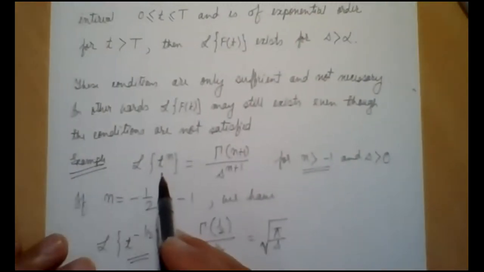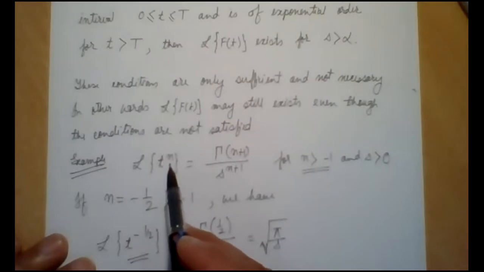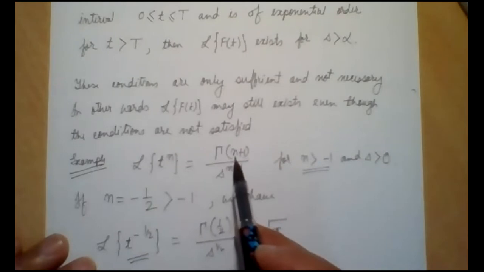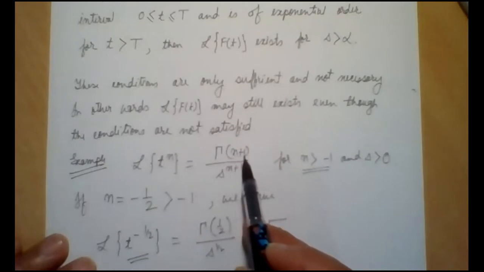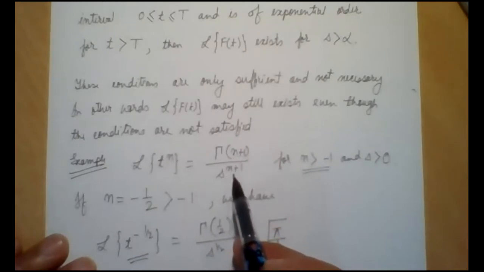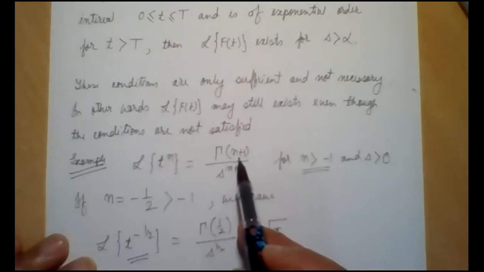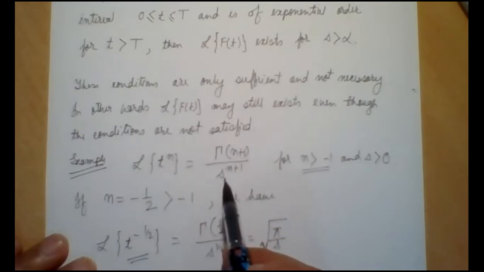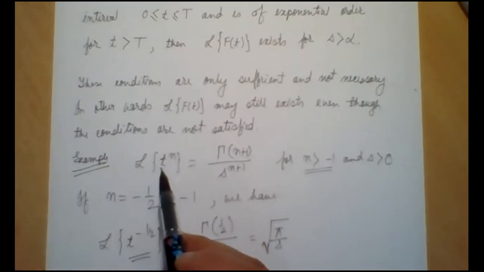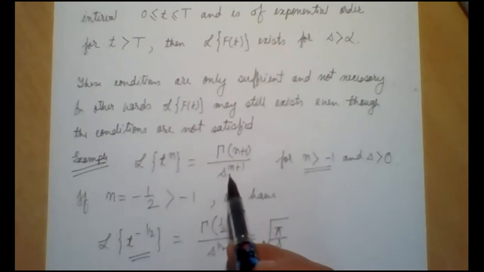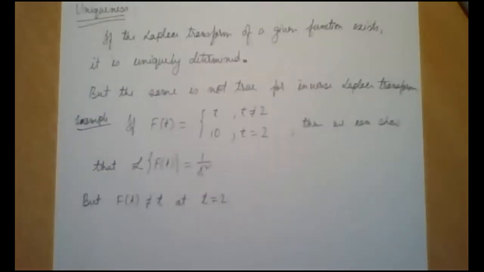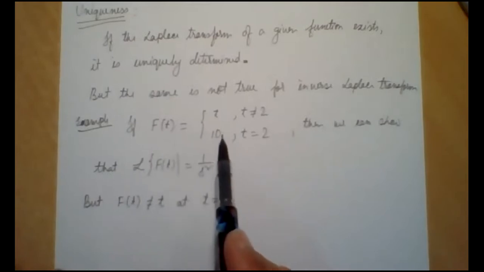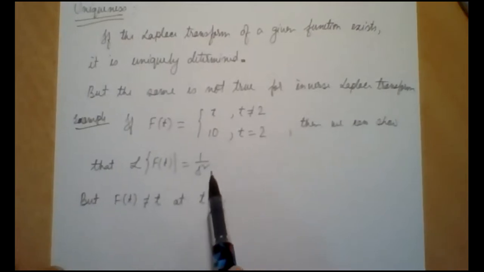From this formula, if we take n equal to 1, then this becomes gamma of 1 plus 1, that is gamma 2, divided by s square. And what is gamma 2? Gamma 2 is 1. So Laplace transform of t is 1 by s square. And we also find that for this function, the Laplace transform is also 1 by s square.